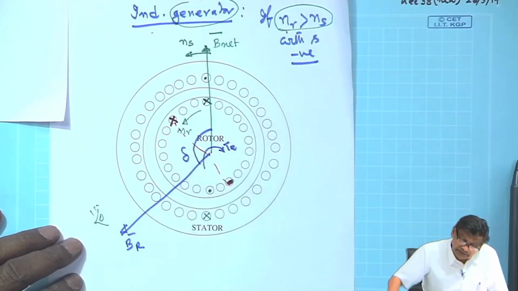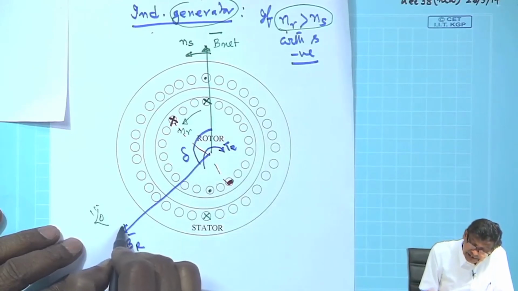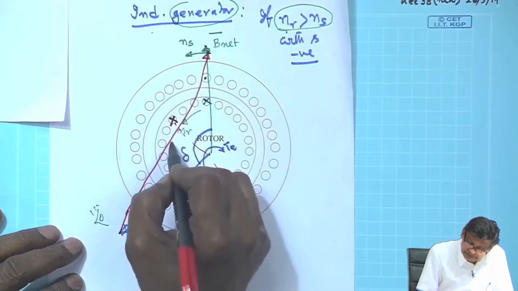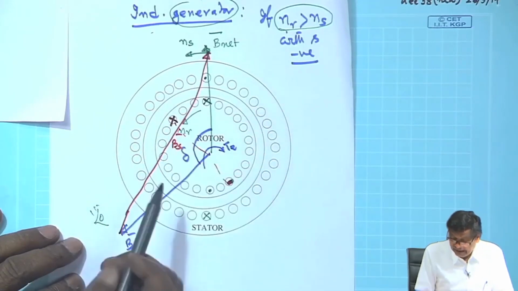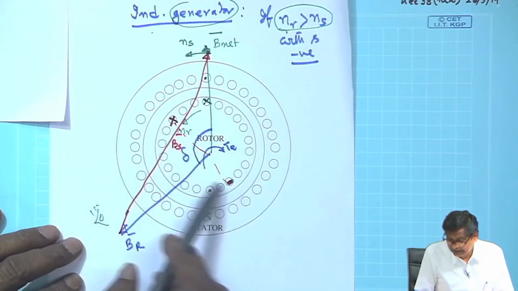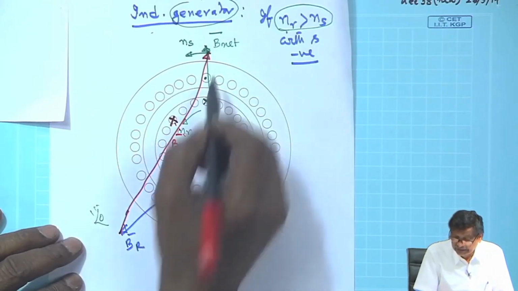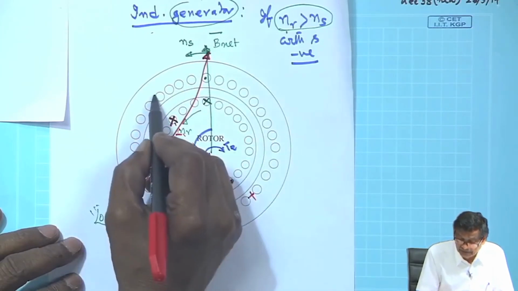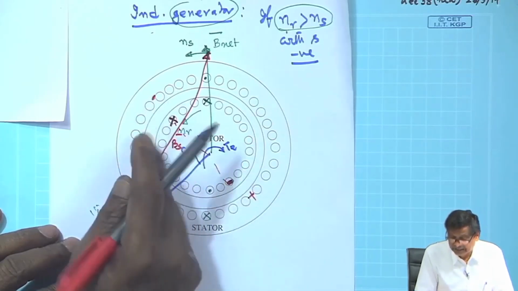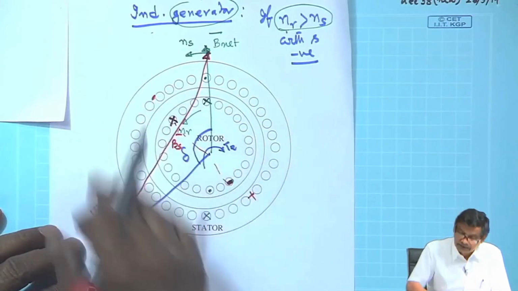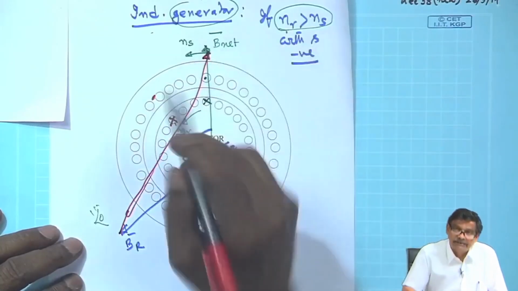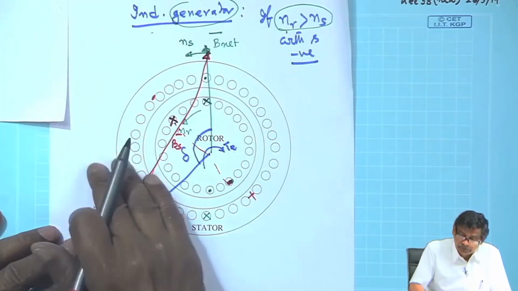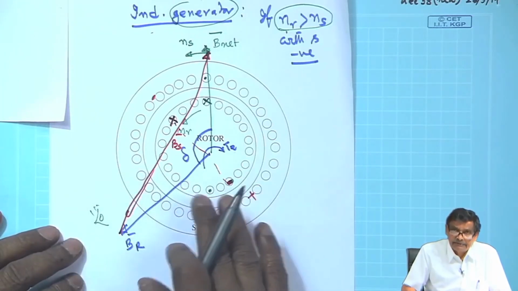Everything is nice, and your B S has to be B R plus B S. This will be your B S, and a line perpendicular to this will give you the arrow of the stator field. So, this may be cross on this side, this may be dot, and it is also consistent, opposite currents will come, I 2, I 2 dash, everything will be valid, and this will be B S, and it will go like this. So, in case of both motoring and generating mode, it is there.